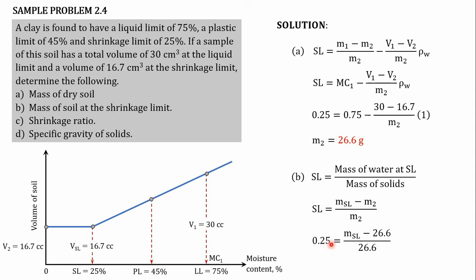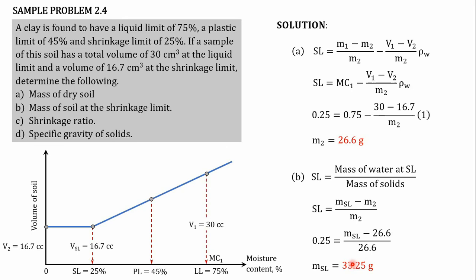So, 0.25 is equal to mass ng soil at shrinkage limit minus 26.6 divided by 26.6. So, mass ng soil at shrinkage limit is equal to 33.25 grams. And this will be our final answer on B. Okay, gets nyo ako? Okay, so how about C, class?